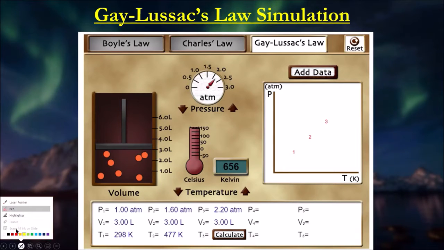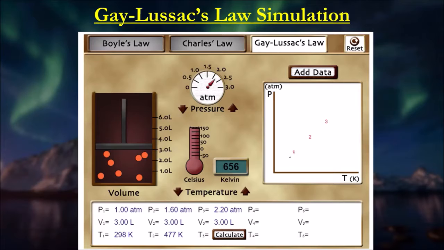So if I draw it on something I did earlier, and I do a not too bad straight line, I can see that there is a linear trend between pressure and temperature.